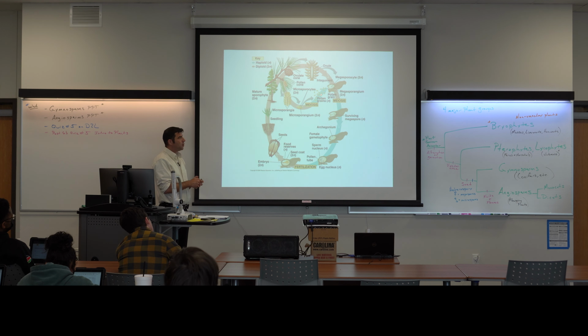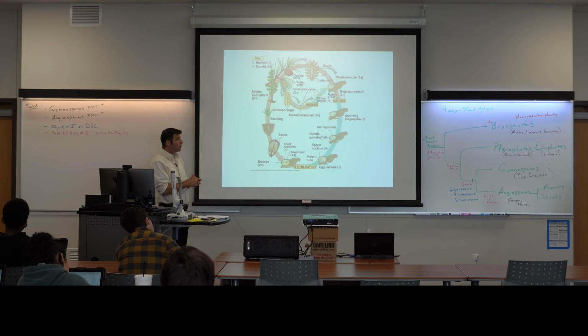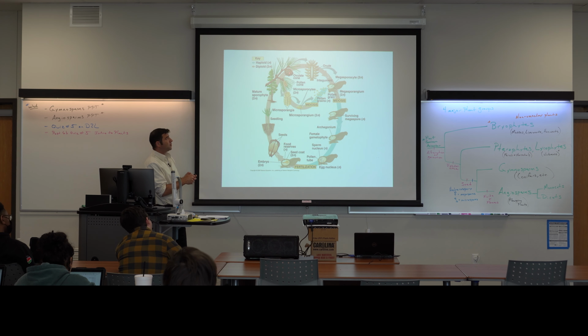So these microspores or pollen grains are going to be blown by the wind, and what they're trying to do is land on the female cone. If we look at the female cone, it also has scales, and at the base of each of those female cone scales, there sits a diploid cell. Again, the female cone is part of the sporophyte.